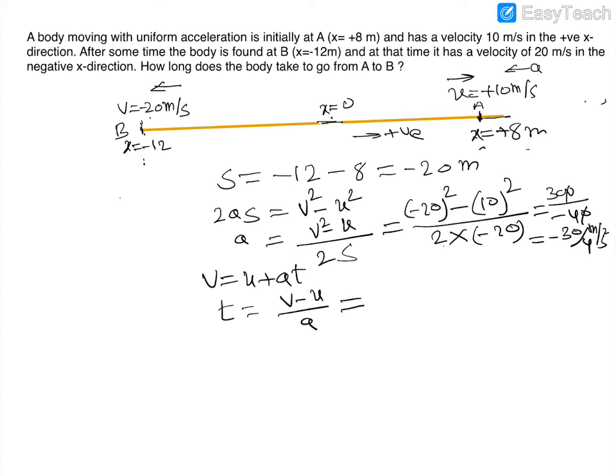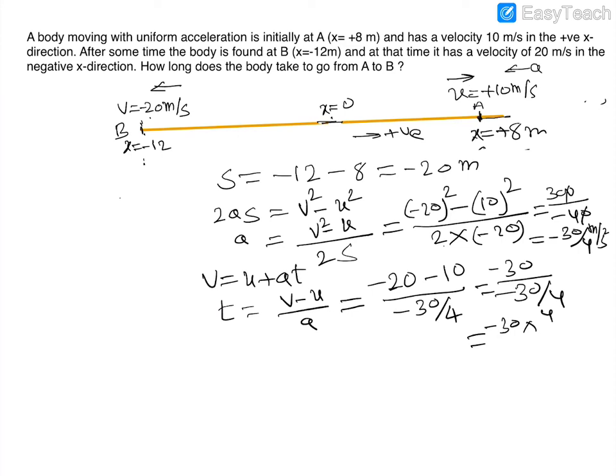And v we can write as minus 20, minus u which is plus 10, so minus 20 minus 10, upon acceleration, which is minus 30 by 4. So this is minus 30 upon minus 30 by 4, which is 4 by 30 times 30. Minus minus is plus, this goes out, and this is 4 seconds.